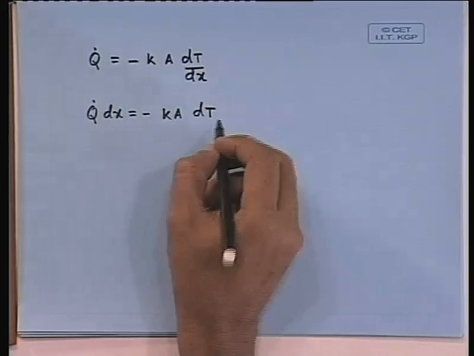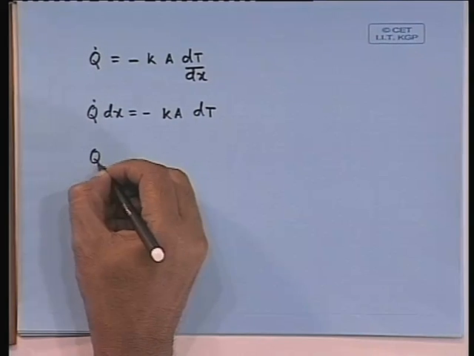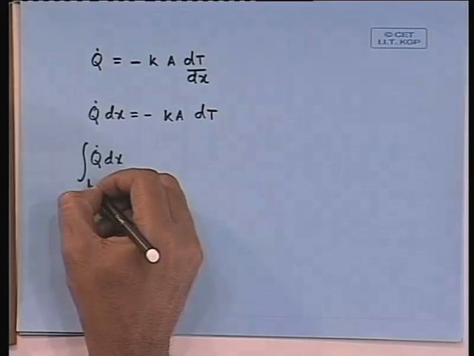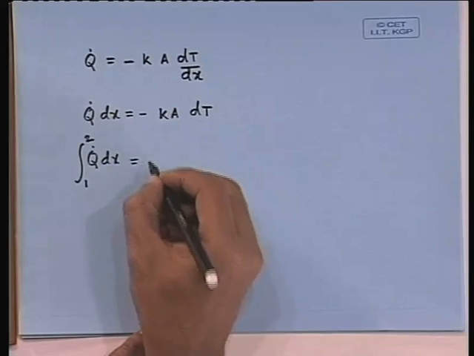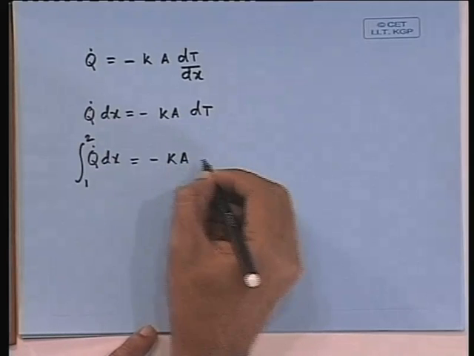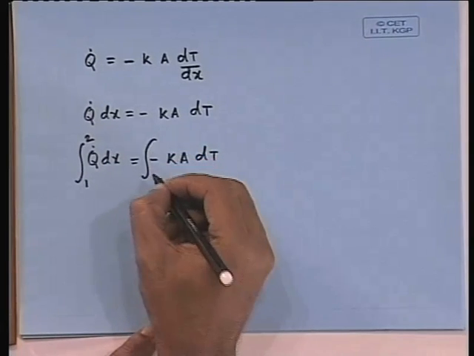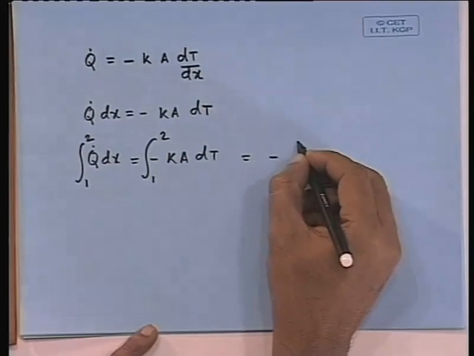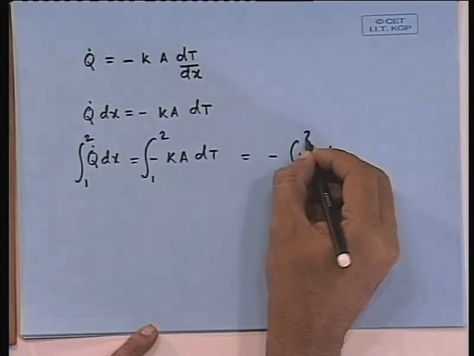Now, this integration can be done. One can integrate Q dot dx from 1 to 2, that is equal to minus K A dT from 1 to 2.